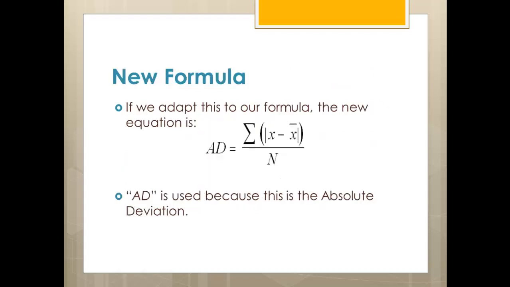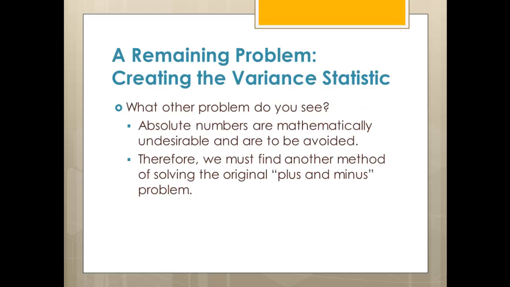So now you're finding the average: the top part of the formula is the sigma of the absolute value of the score minus the mean, and then you're dividing by the number of deviation scores that there were. So now you're finding the absolute deviation. The issue with absolute numbers is that once you transform a number, we'd like to be able to undo that, because technically we're dealing with the absolute values of the deviation scores, not the deviation scores themselves.